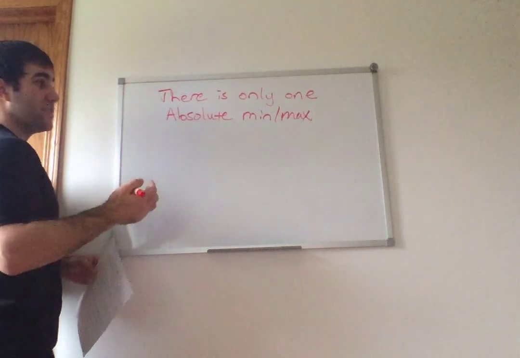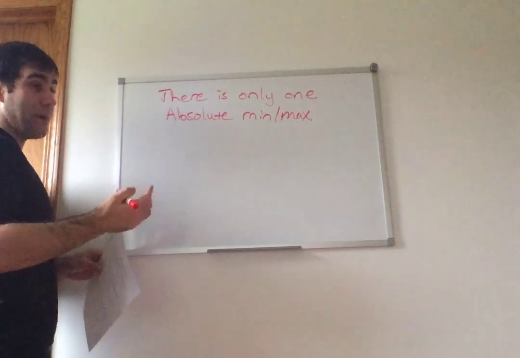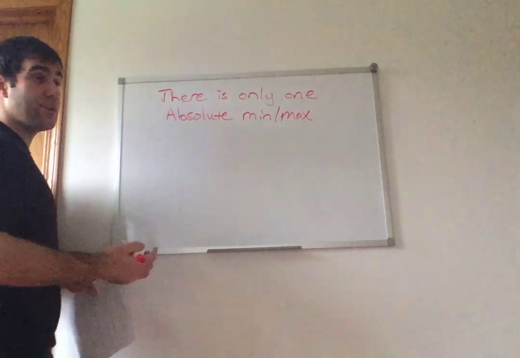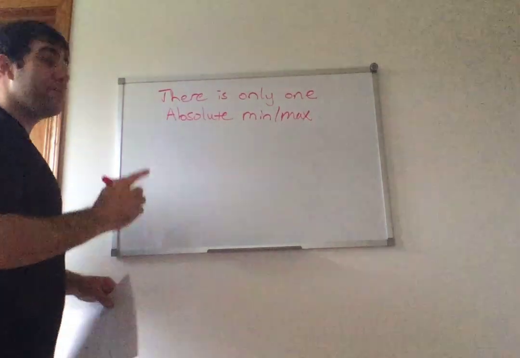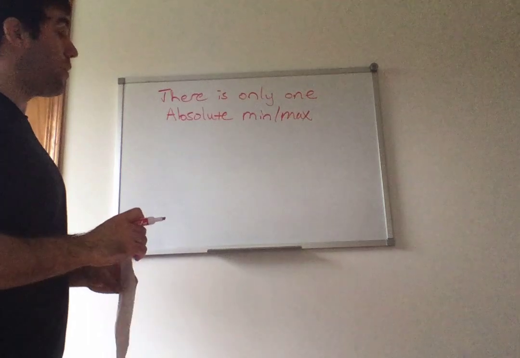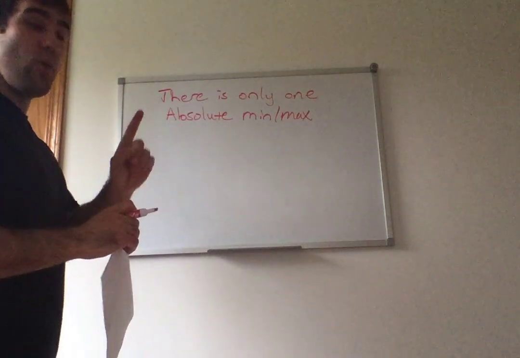That's if they exist, okay? There are some functions that don't have absolute maximums. There are functions that don't have absolute minimums. But if they do have an absolute minimum or maximum, there's only one of them.